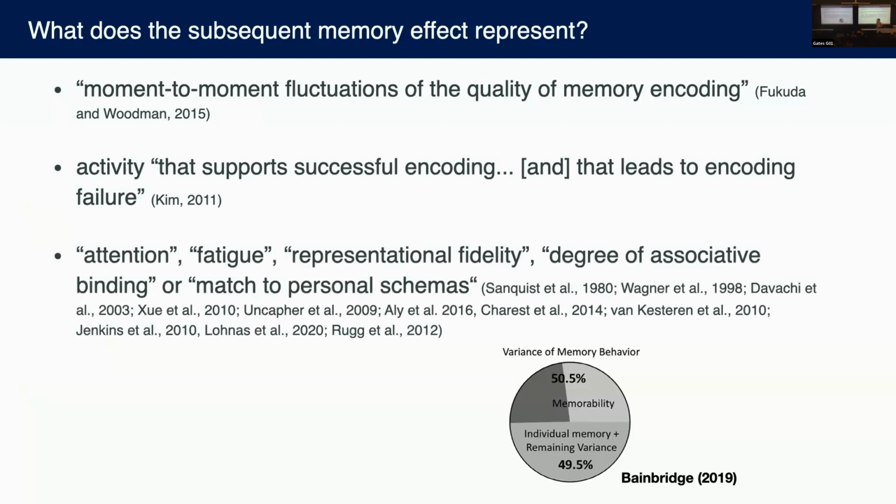People put all kinds of labels: attention, fatigue, representational fidelity, degree of associative binding. And so you would think that this neural activity is capturing the 50% of internal factors that's explaining what causes us to remember this stuff and not something else. It's these different neural activity patterns that are happening when you experience it.